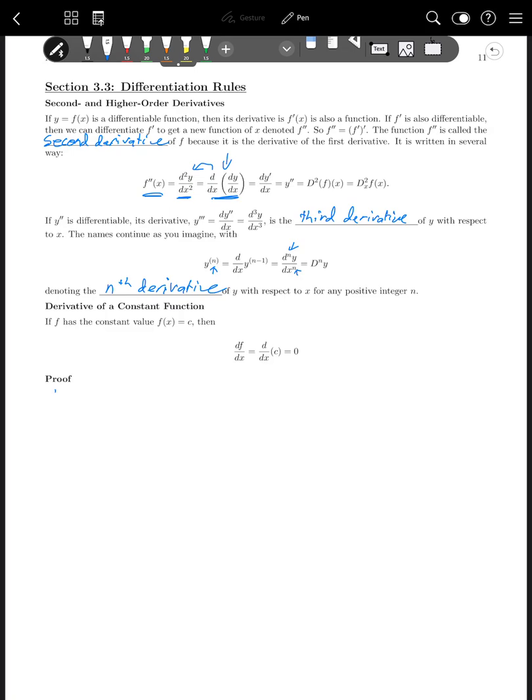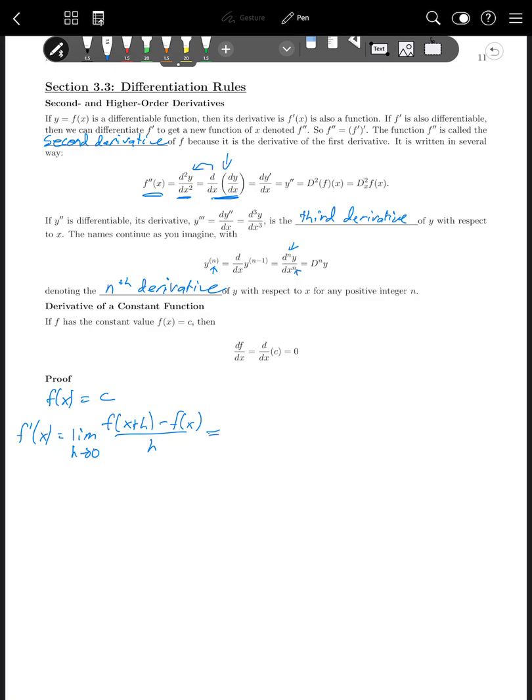So if our function is f of x equals c, some constant number, then f prime of x is the limit as h approaches 0 of f of x plus h minus f of x all over h.